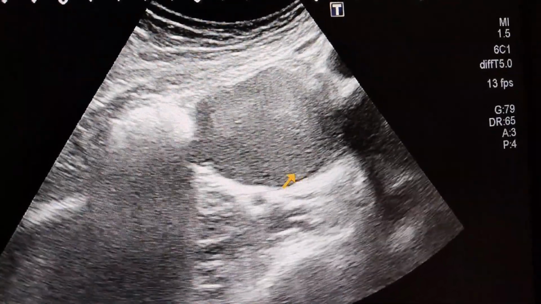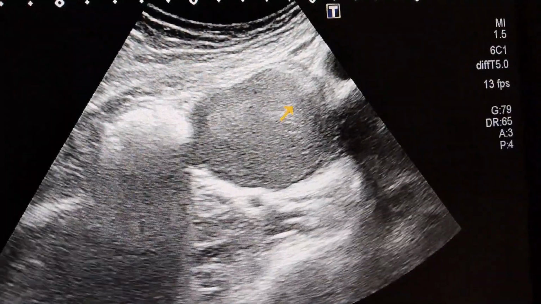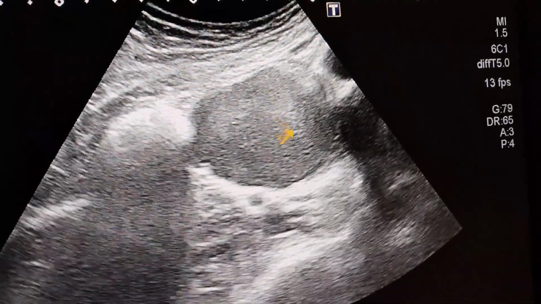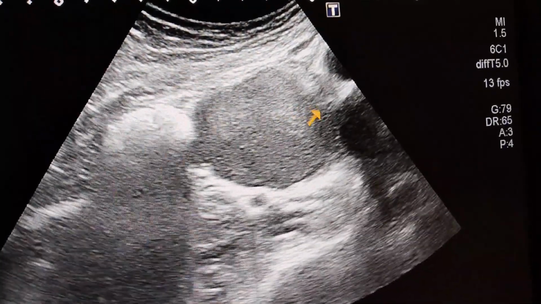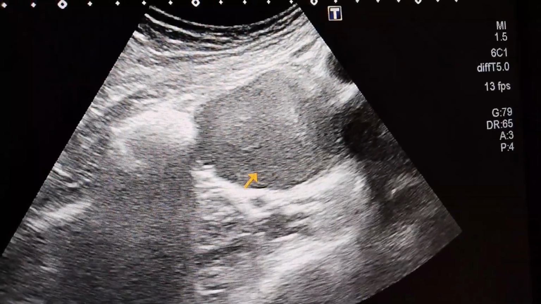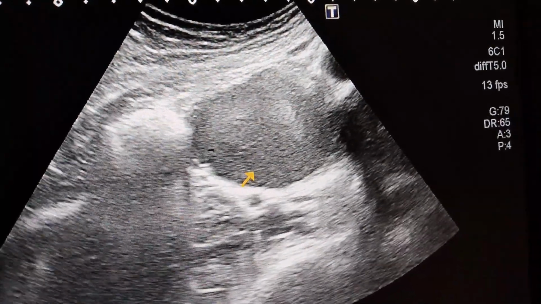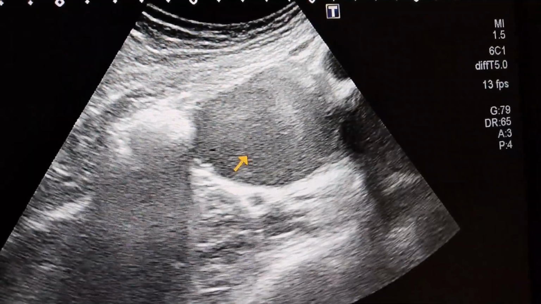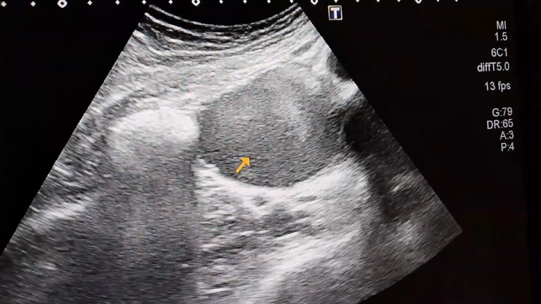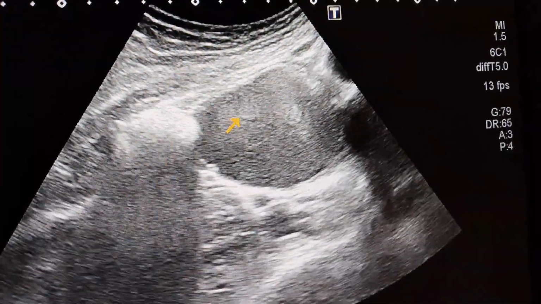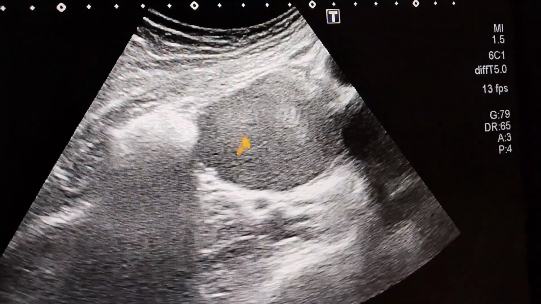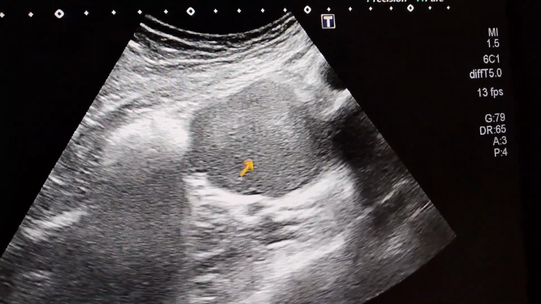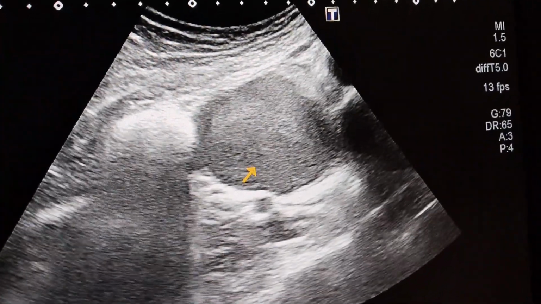So with the passage of time, the blood products which accumulate within the endometrial tissue, this endometrial tissue adopts the shape of a cyst, in which the blood products are filled, and these blood products then undergo degradation, even hemoglobin breakdown occurs, and these products, which are now old blood products, have altered their feature.